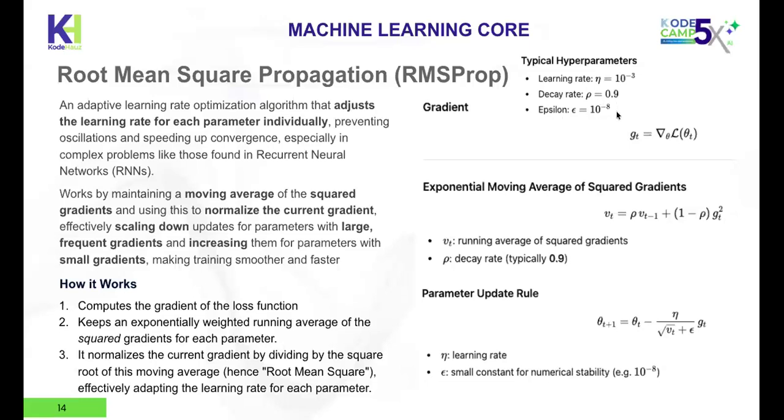Epsilon, like we said, is to avoid division by zero. And then the learning rate, N, which is 10 raised to the power minus 3. Typically, when you use RMS prop, you would like to have a pretty low learning rate. 10 raised to the power minus 2, 10 raised to the power minus 3, and so on. Okay, so that's RMS prop.